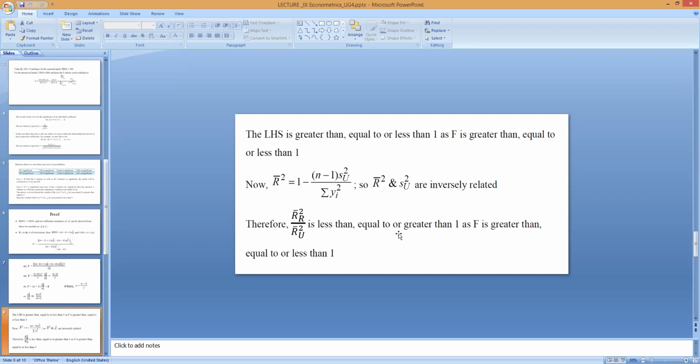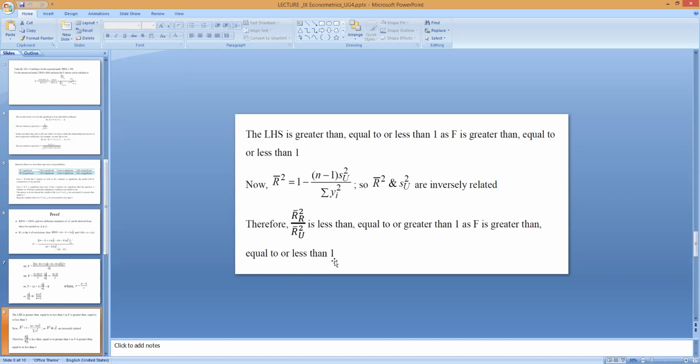If there is an inverse relationship between R bar square and A square, this proposition will change. This first sentence will change: instead of greater than, less than, equal to, it will remain equal to, less than will become greater than 1 as F is greater than, equal to, or less than 1.